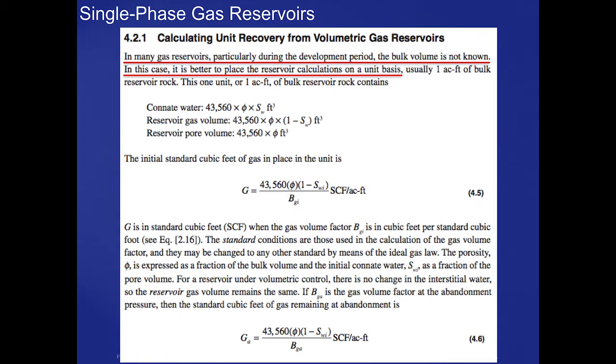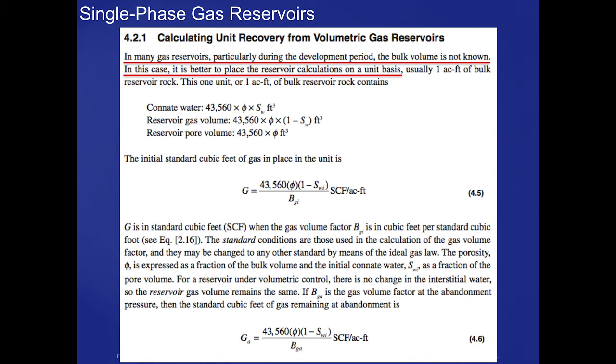And so in those cases, we will calculate what we call the initial gas in place on a unit basis. So typically, that will be on a 1 acre foot basis. And the equation in this slide, equation 4.5, is the initial standard cubic feet of gas in place on a per acre foot basis.